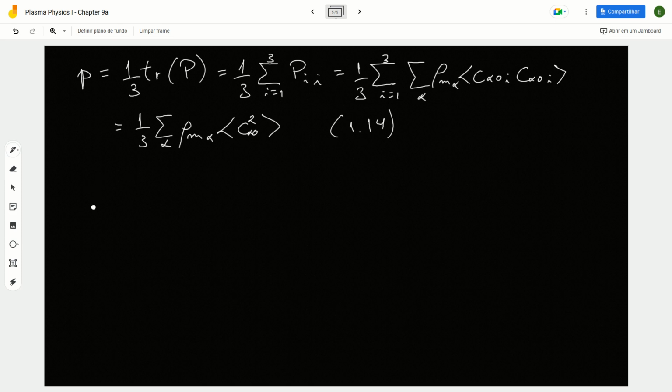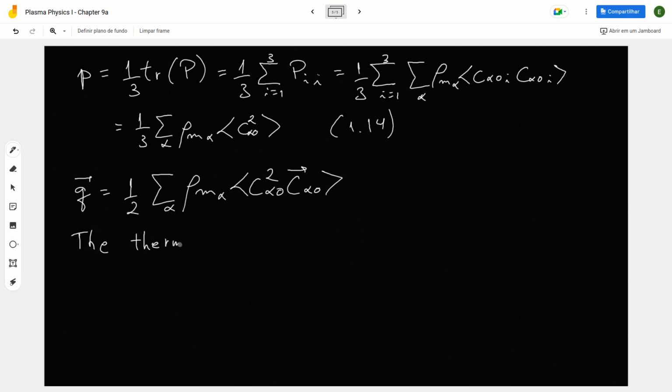We have another vector here, which is the total heat flow vector. The total heat flow vector will be this. You may compare it with the expression 7.2 of chapter 6. So what we are doing is just summing the elements of that heat flow vector for alpha particles. And also we define the thermal energy density.